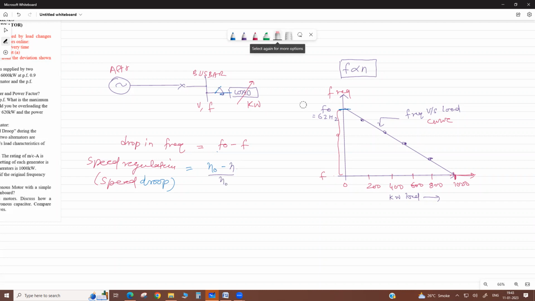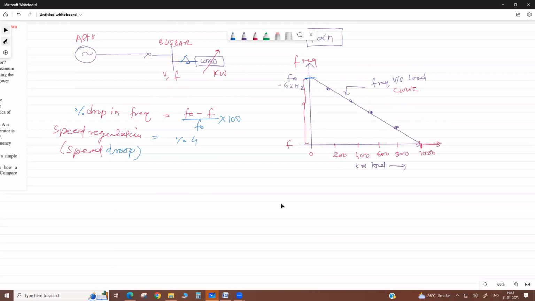Because frequency is directly proportional to speed, we can replace speed with frequency. And for percentage, multiply by 100. So this is called the percentage speed droop, either 4% or 3%. Okay, that is called speed droop. So it is a drop in frequency from no load to full load.